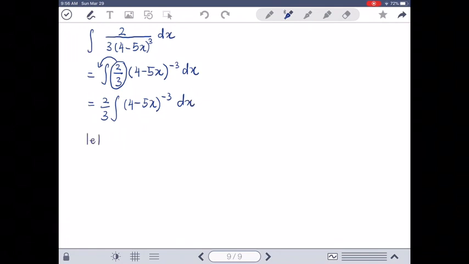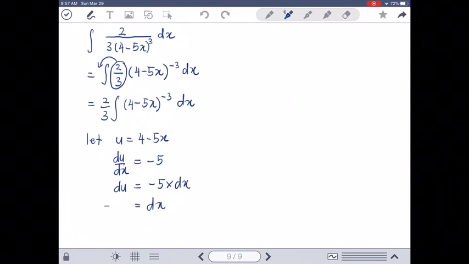Here we let u equals to 4 minus 5x. Therefore, du over dx is equals to negative 5. du is equals to negative 5 times dx. dx is equals to negative du over negative 5.